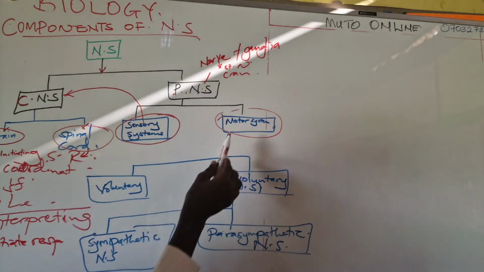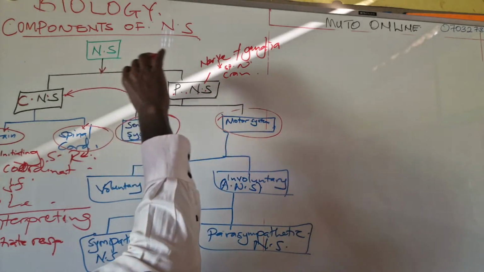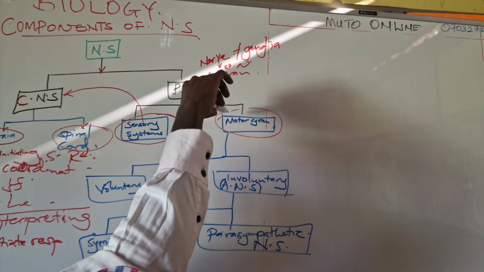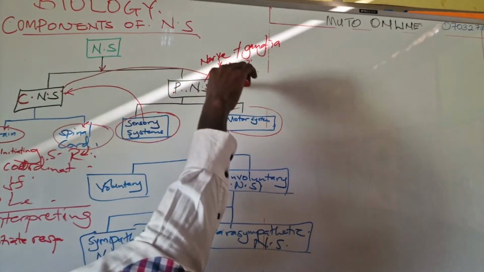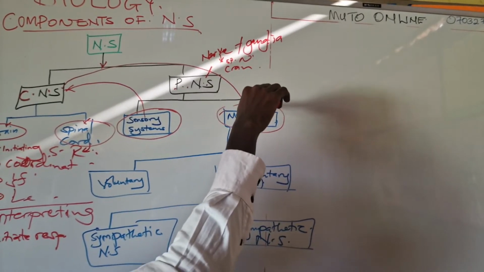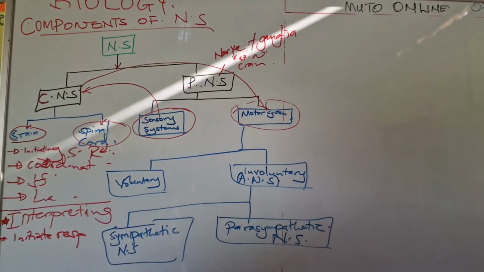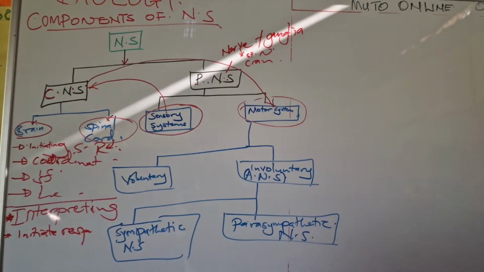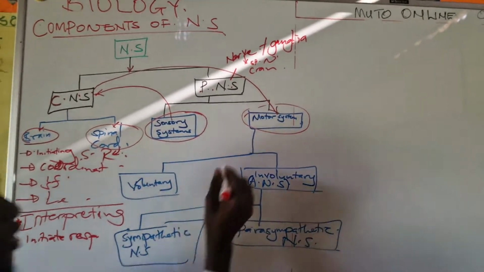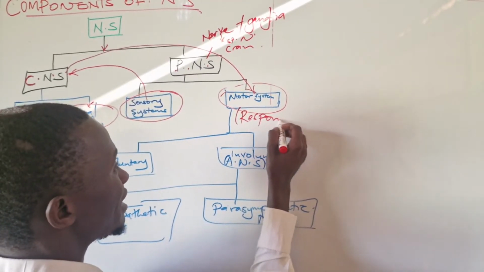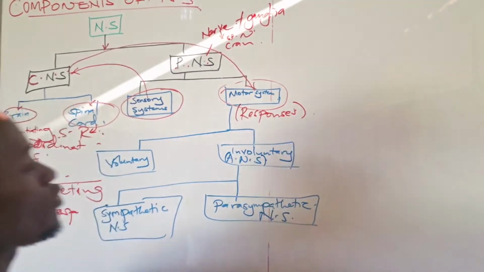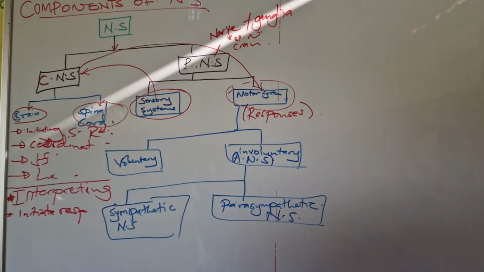And the motor system will be that part of the peripheral nervous system that will convey information away from the central nervous system. And the motor system will be much responsible for responses carried out by the effector tissues or organs.